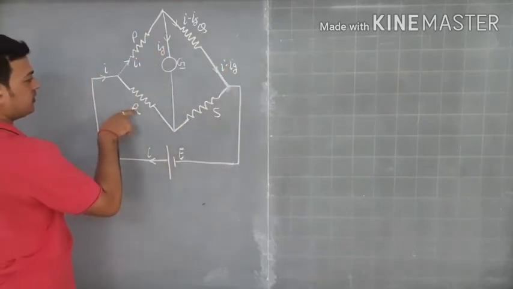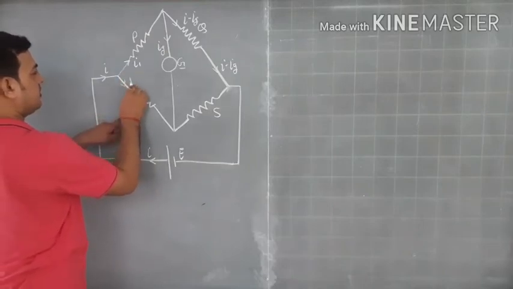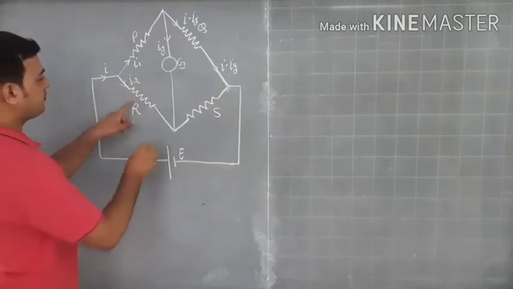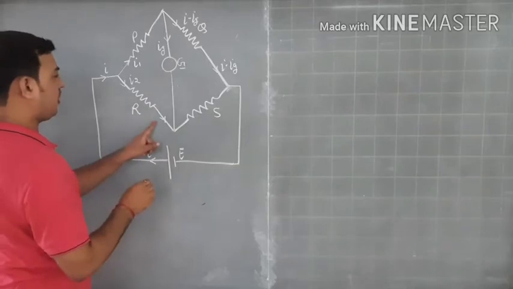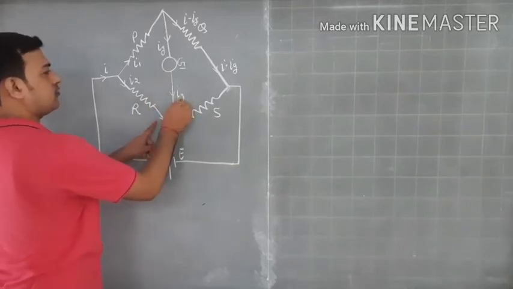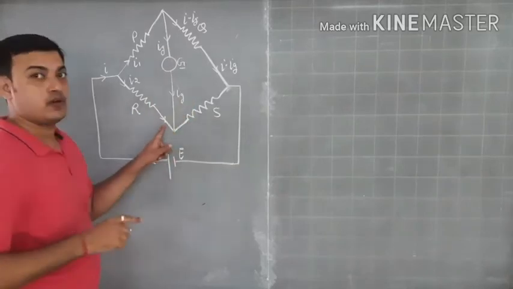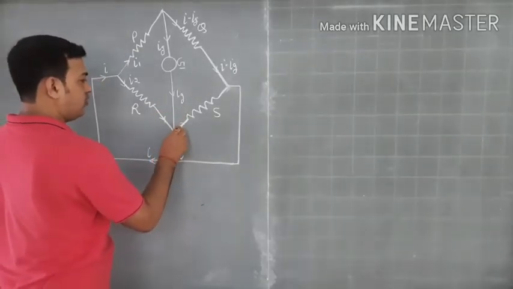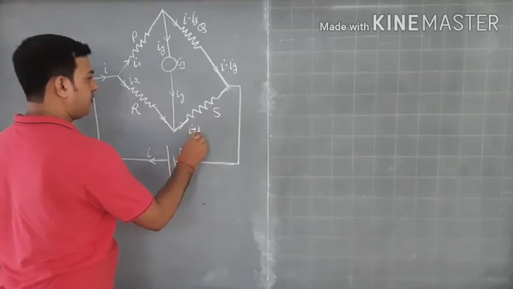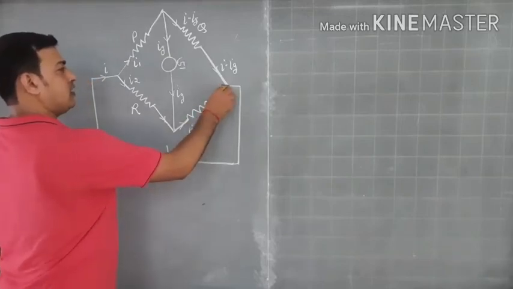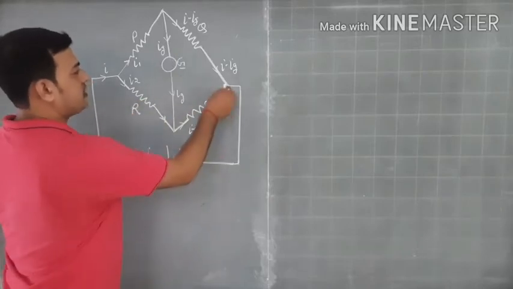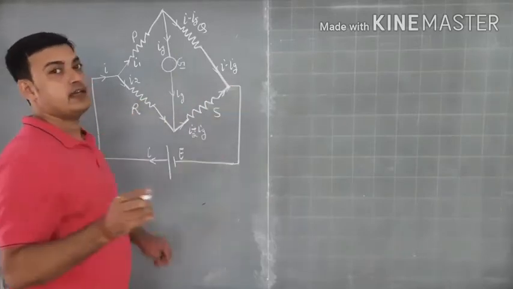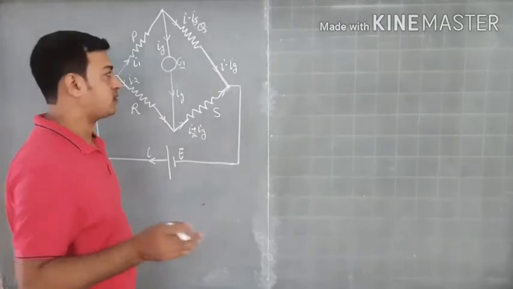Now just look at this resistance. Let us consider that this current is I2. So I2 will flow through R, the Ig is coming through this branch, and from Kirchhoff's first law, if both the currents are incoming, the outgoing current will be I2 plus Ig. And if you look at this point, once again at this junction, I can apply Kirchhoff's first law, that is called Kirchhoff's current law.